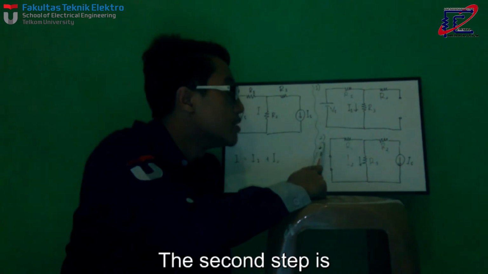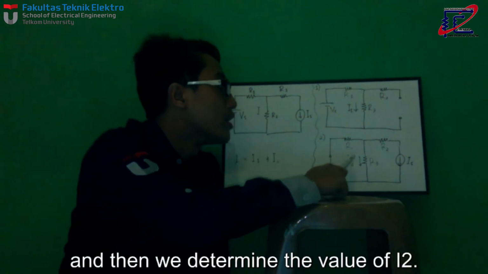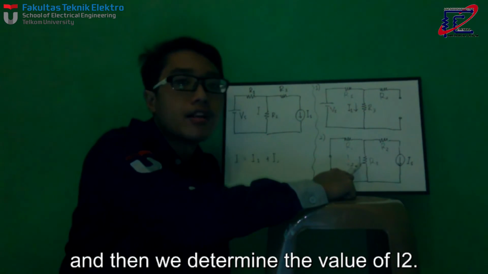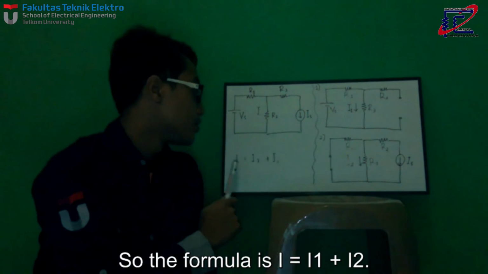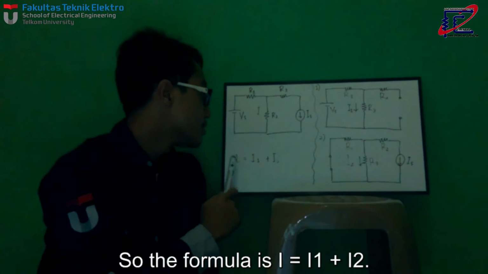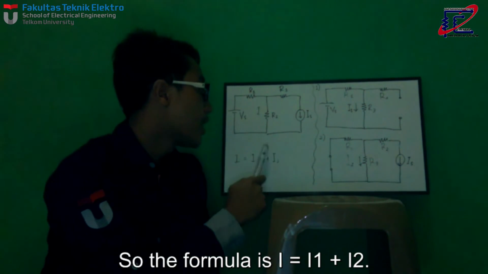The second step is we deactivate the voltage source into a short circuit, and then we determine the value of I2. So the formula is I equals I1 plus I2.